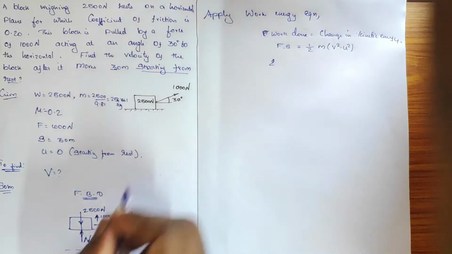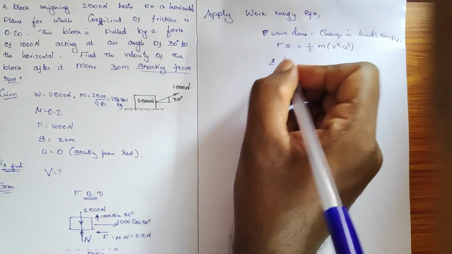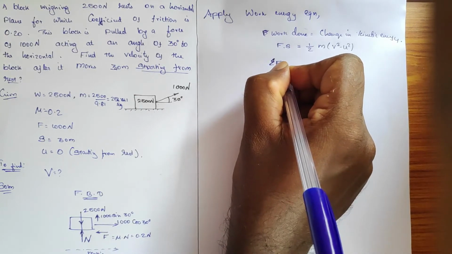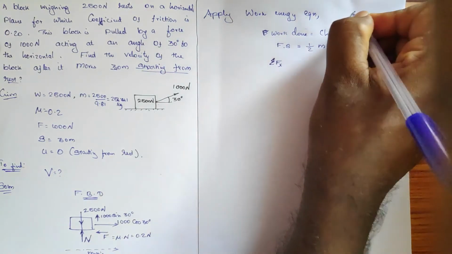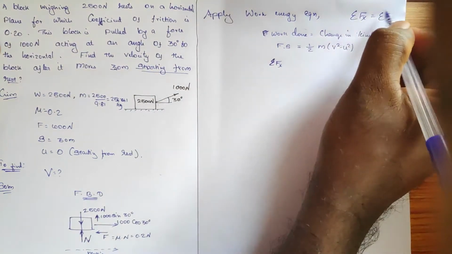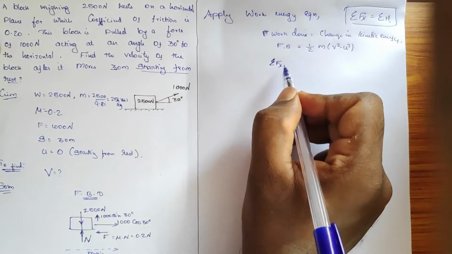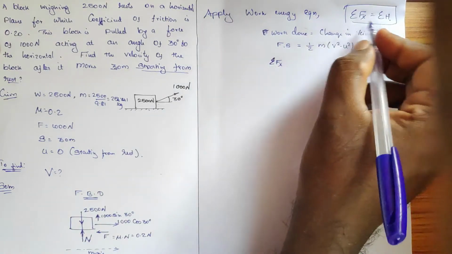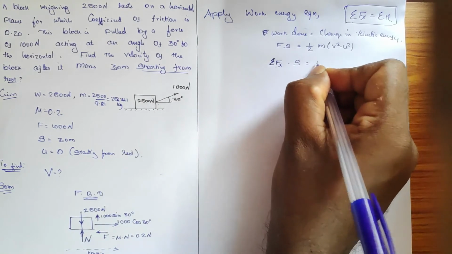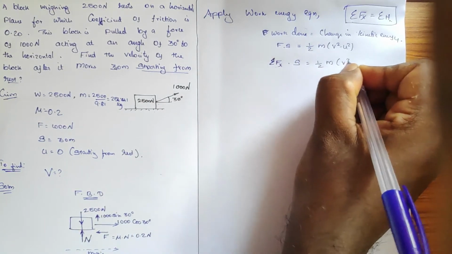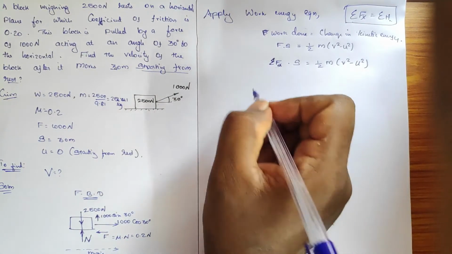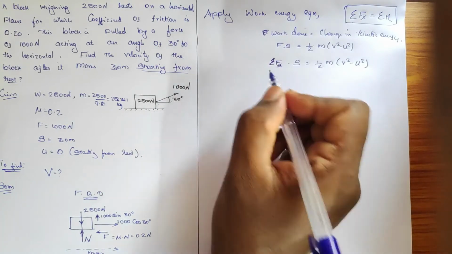So for this arrangement, we need to find the sum of forces in the x direction, Fx. The sum of the horizontal force, or Fx in the x direction, both are the same. Then the sum of Fx into the displacement S is equal to 1 by 2 mass into v square minus u square. So first you must identify the sum of Fx.